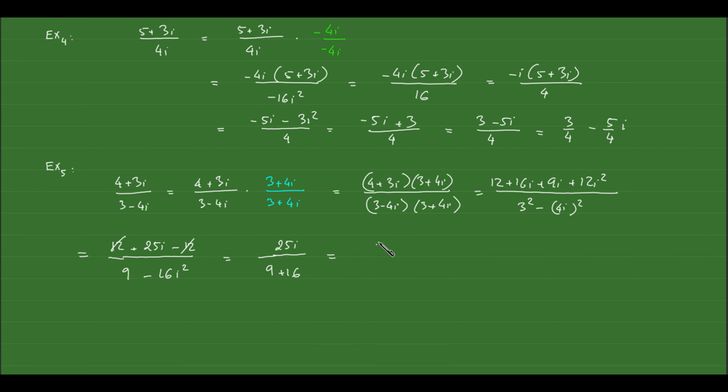So that gives you 25i over 25, which is only i left. Oh well, that's great. It's still a complex number; it's just that a is 0. You can write it like this: 0 plus 1i. 1i is i. So that's the complex number form.